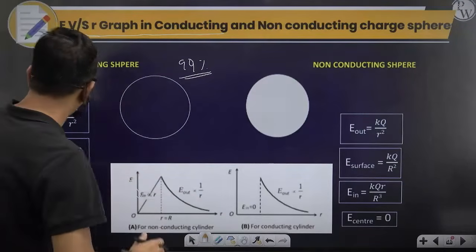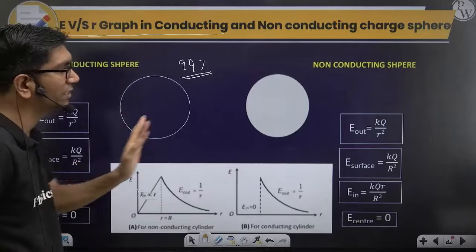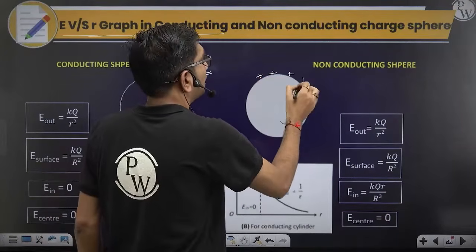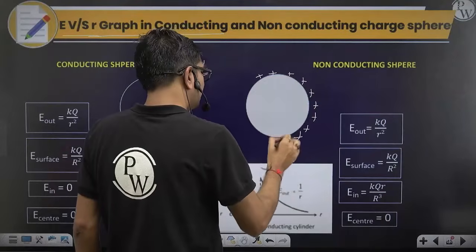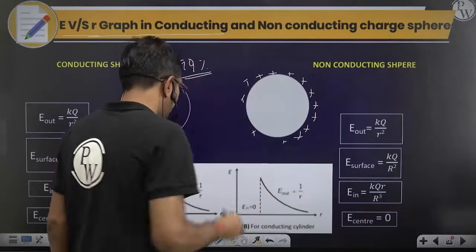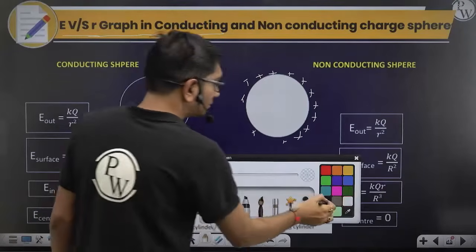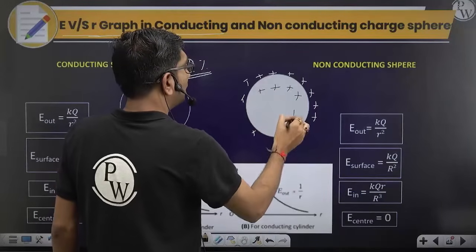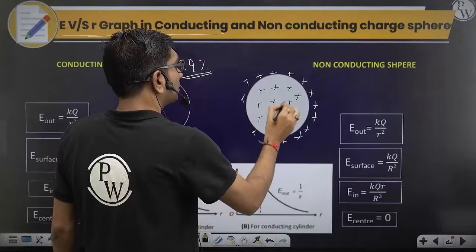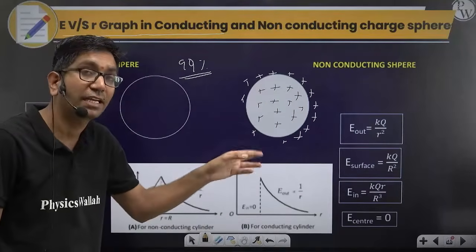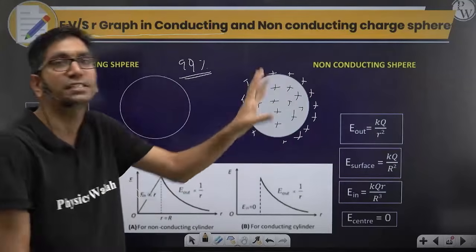Please concentrate here. I have written the formulas here for this body. The charge is present on the surface. Here the charge is also present inside. If the charge is present inside, of course, electric field intensity will also be present inside.